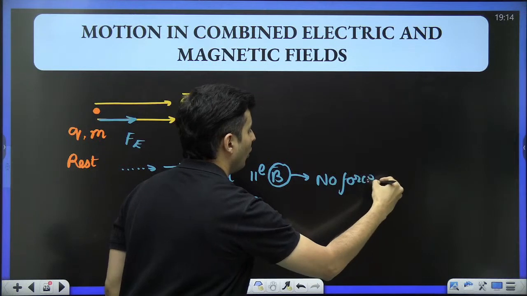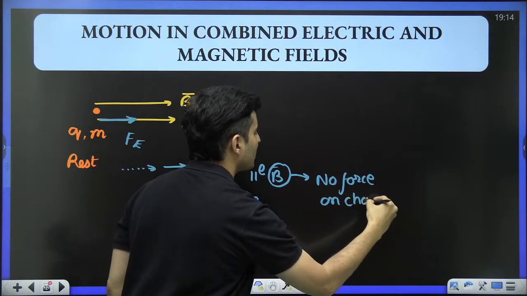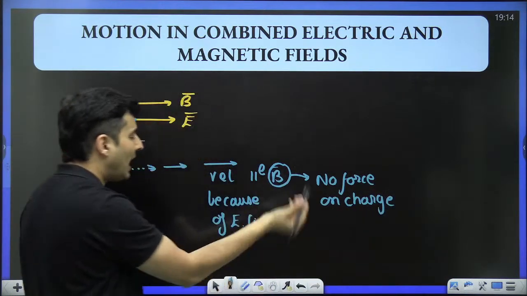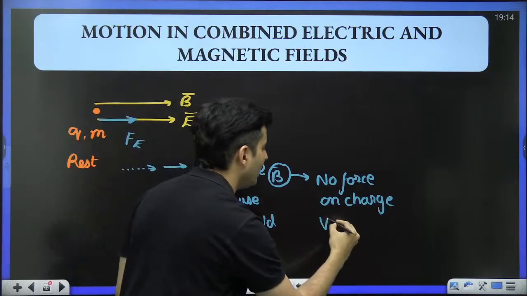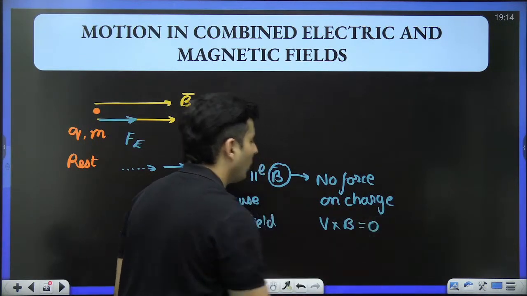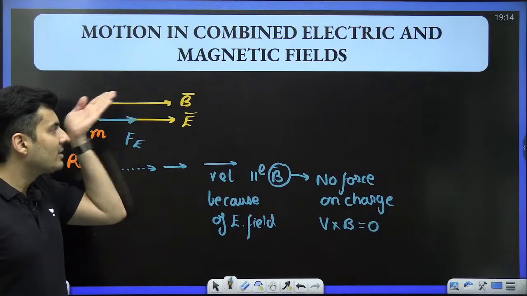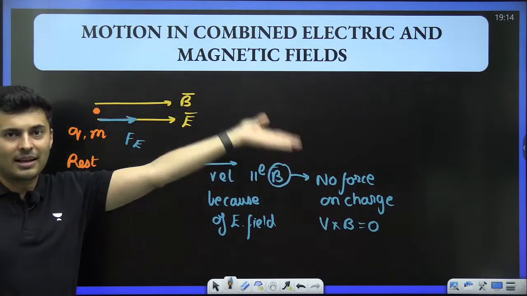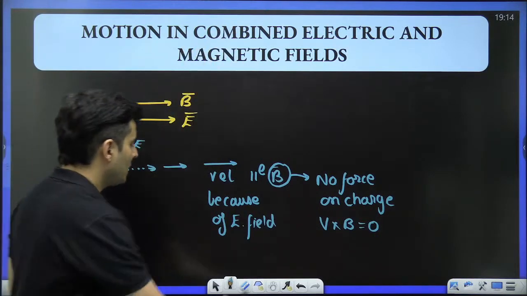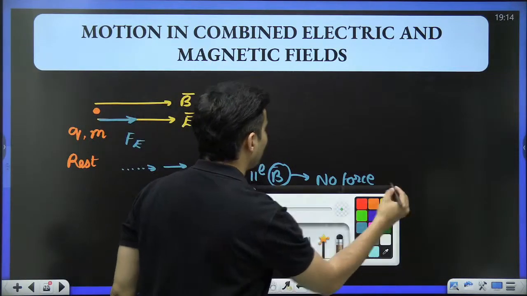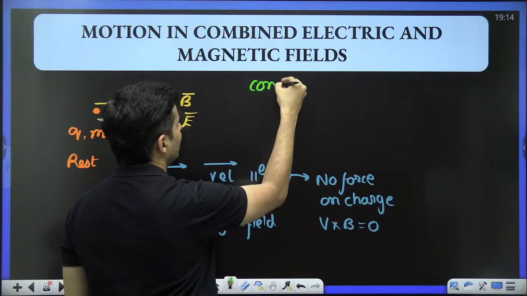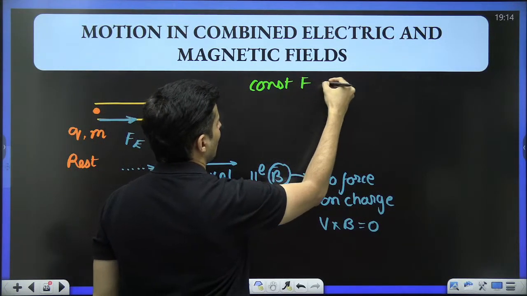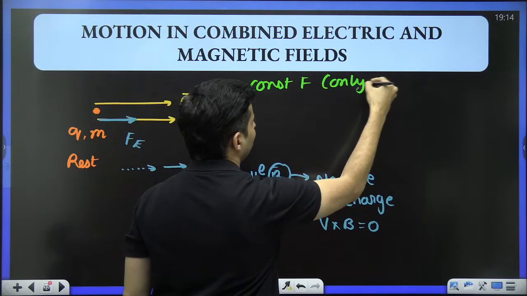There will be no force on that charge because it is parallel. V cross B is going to be a big fat 0. So whether the magnetic field is there or not, whether it is opposite or this side, doesn't matter in this case.